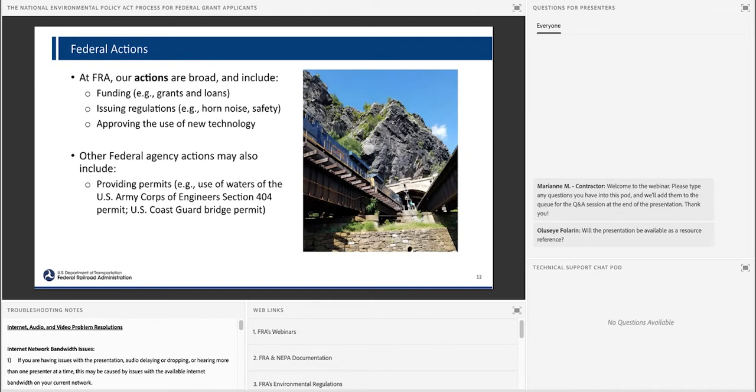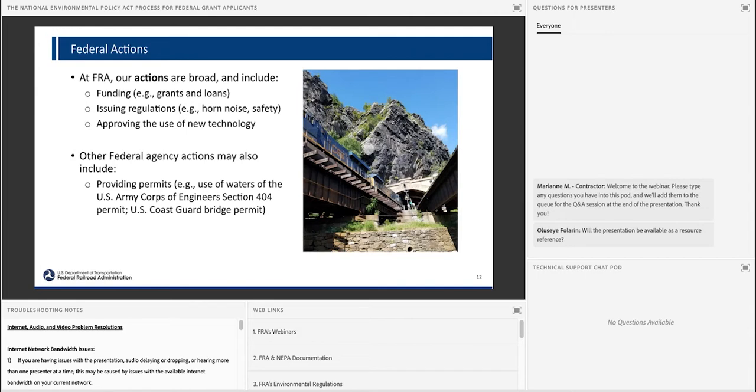Outside of just simple funding requests, there's times that FRA has actions when we're issuing regulations or approving a technology. So there will be times that FRA has NEPA compliance requirements, even when funding is not required. But most often, and the most common trigger for FRA's environmental reviews, is largely our funding.